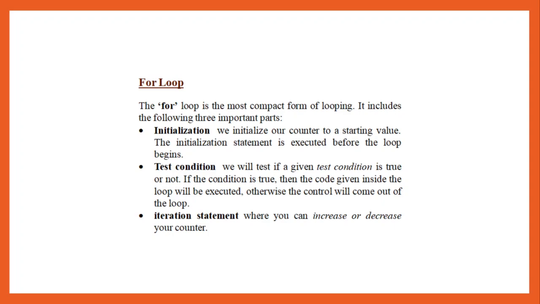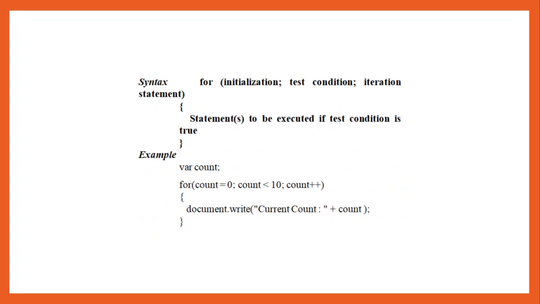Therefore, the for loop is the most compact form of looping. Syntax: for (initialization; test condition; iteration statement) { statements to be executed while the test condition is true }.